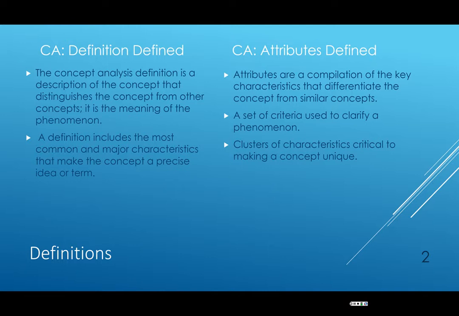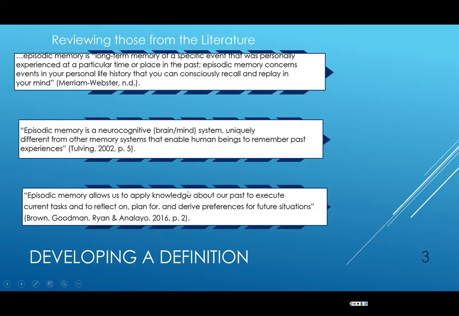Now, I think sometimes it's hard to understand the distinction between what the definition is and what the attributes are. So we're going to take a look at a student example from a previous class. This example is looking at definitions regarding episodic memory, and there are three different definitions that a student found when she was doing a concept analysis paper for a teaching and learning concepts class.